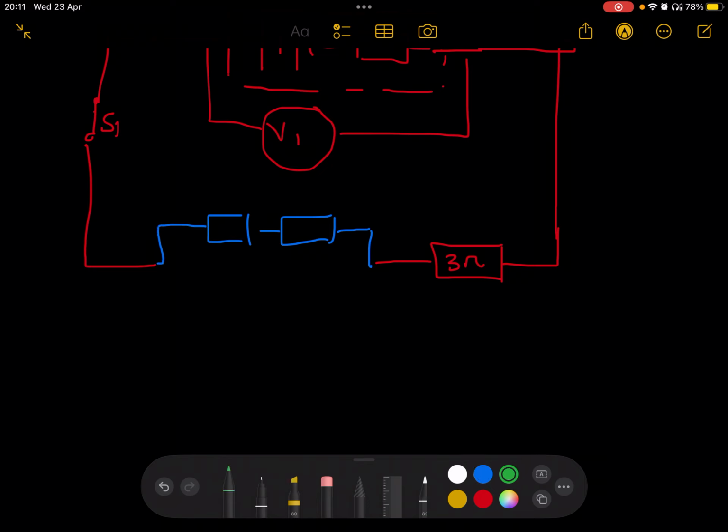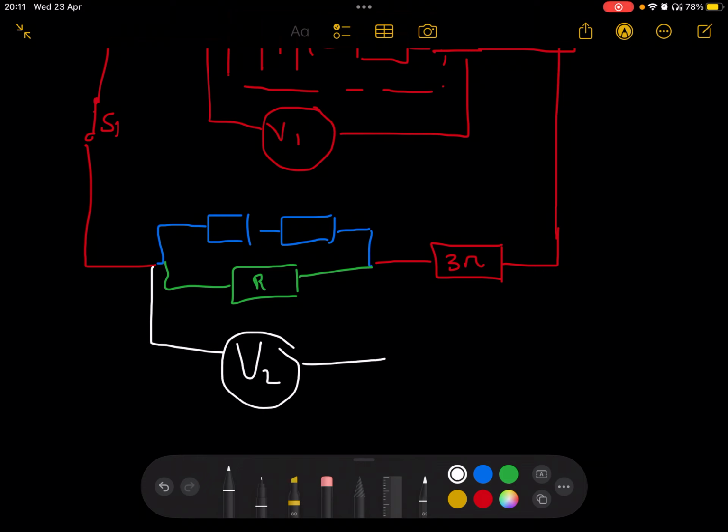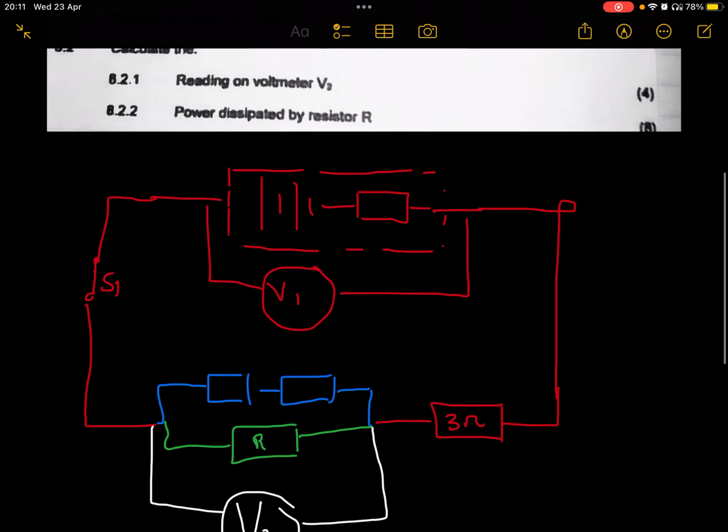Then we can take green for resistor R, and I can take white for voltmeter V2. All right, I think it looks something like this.